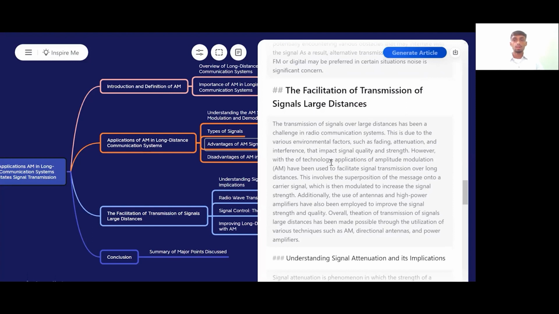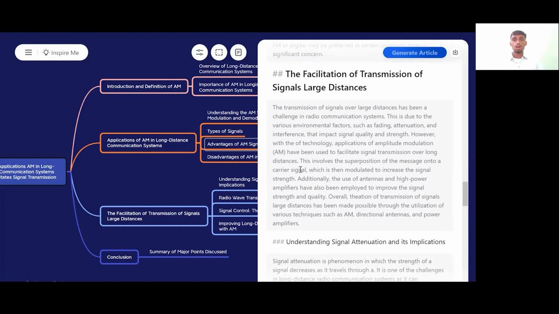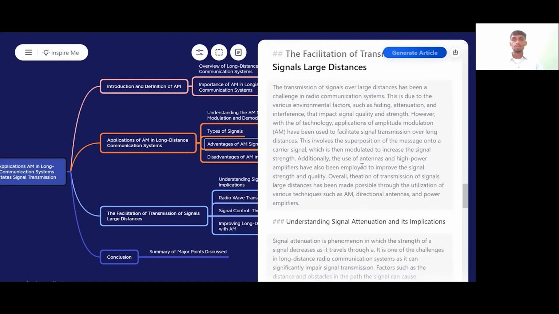However, with technology, applications of amplitude modulation have been used to facilitate signal transmission over long distances. This involves superposing messages onto a carrier signal, which is modulated to increase the signal strength. Additionally, the use of antennas and high power amplifiers has also been employed to improve the signal strength and quality.